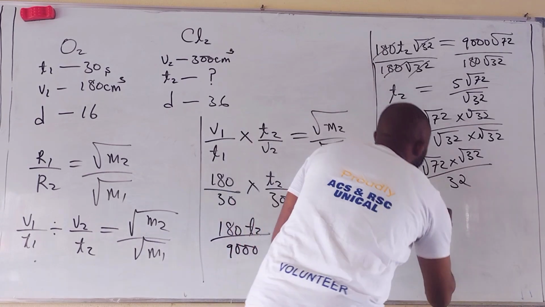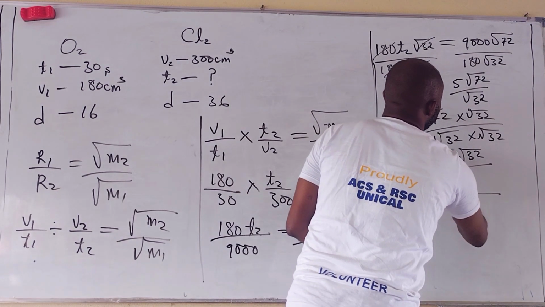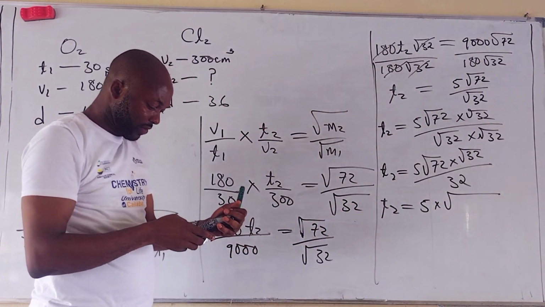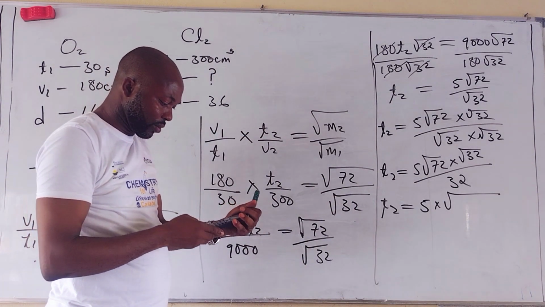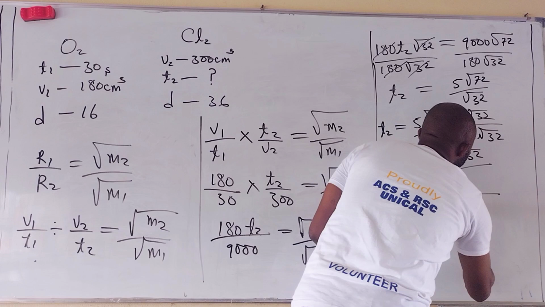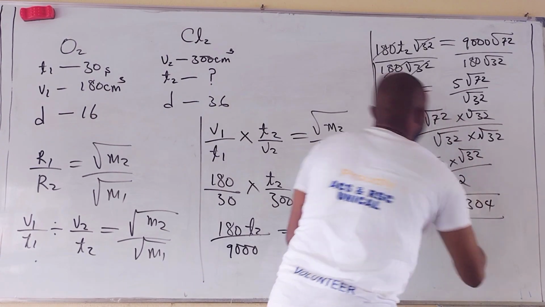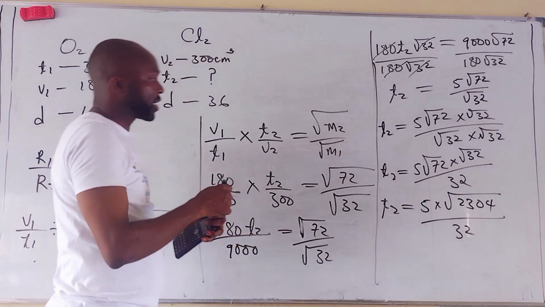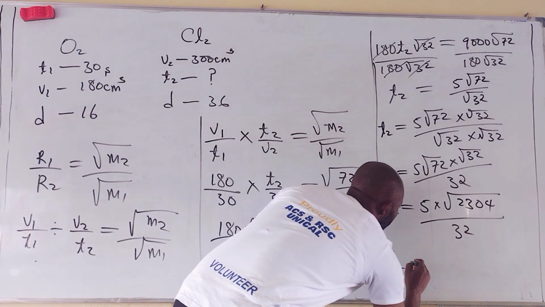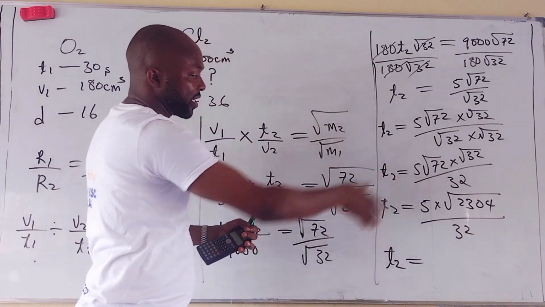So T2 will be 5 times root 72 times 32. 72 times 32 will be 2304. So that's 5 root 2304 over 32. Let me see if I can rush that up. I don't want to occupy more space. I have to look for the root of that, multiply by 5 and divide by 32.